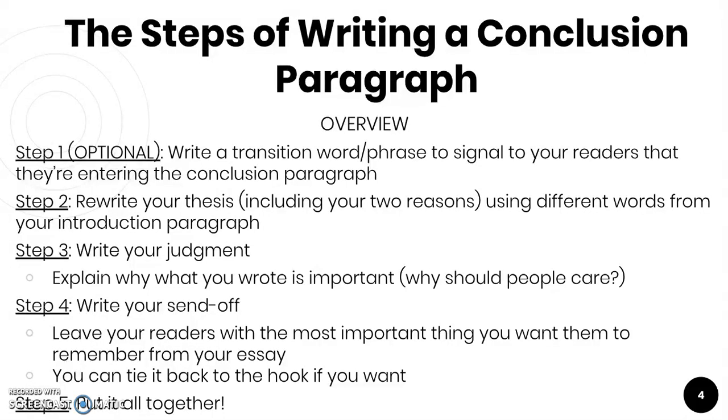The next step is to rewrite your thesis, including your two reasons, using different words from your introduction paragraph. Then step 3 is to write your judgment, again explaining why what you wrote is important. Step 4 is to write your send-off, and then step 5 is to put it all together.